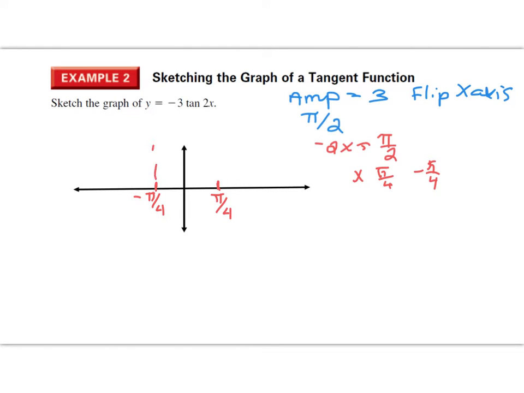So those are my two endpoints. And that means my period right here is going to be pi over 2. And then it's going to hit in the middle at 0. And the amplitude is going to be 3. So if you remember before, halfway in between was 1. So halfway in between now is going to be 3.